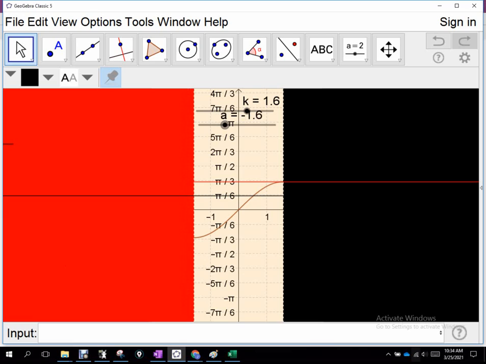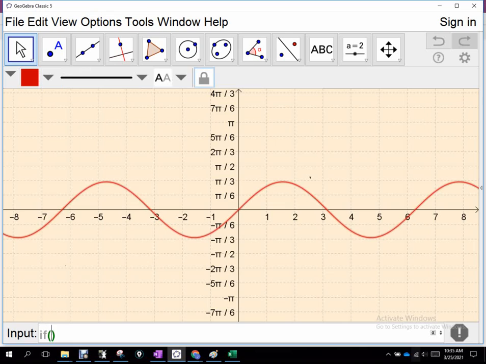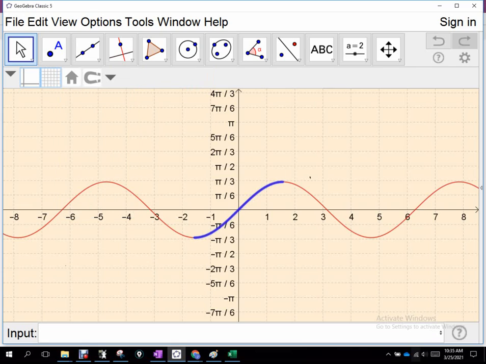Okay, look at those numbers that I chose for K. 1.6. Is that pretty close to 1.57? Anybody remember what 1.57 was? That's pi over 2. Okay. So what we find out is if I take the sine function and I restrict it between negative pi over 2 and positive pi over 2 to give me that blue curve right there, that blue curve is only increasing.